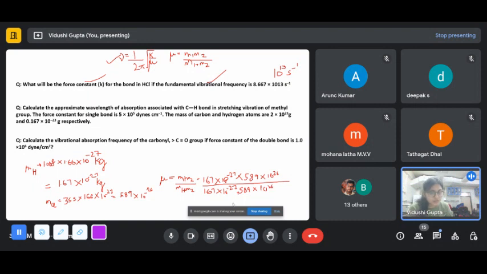So the value of reduced mass after solving will be equal to 1.6 into 10 raised to power minus 27.